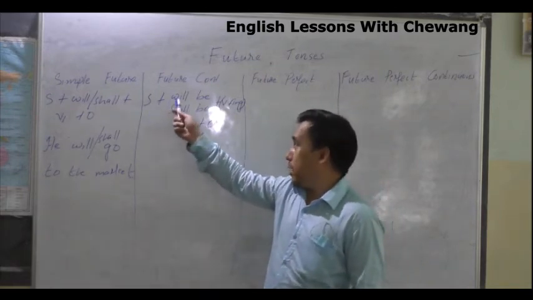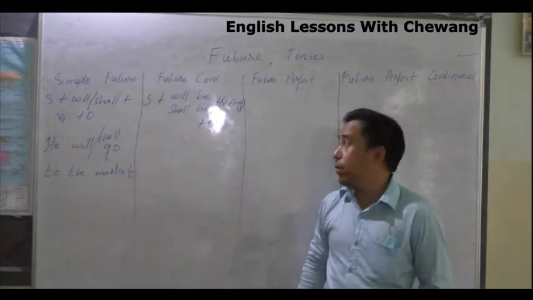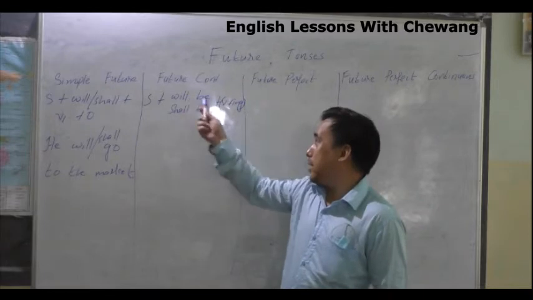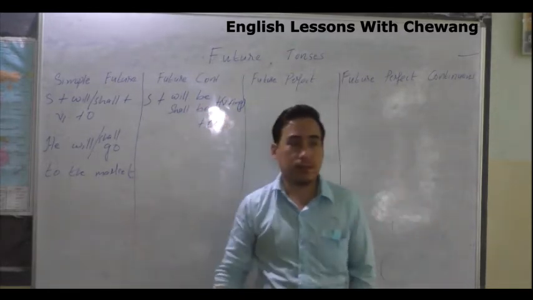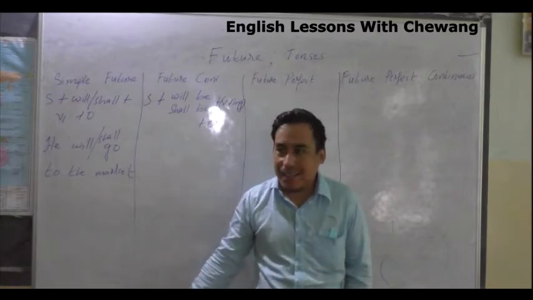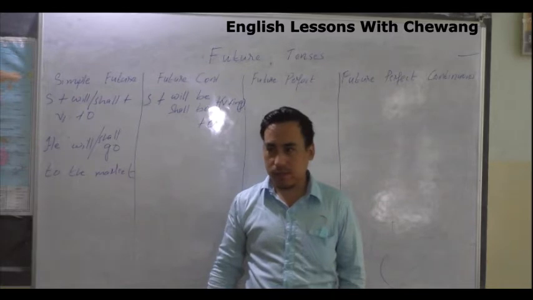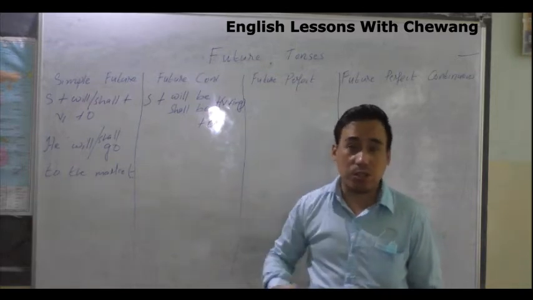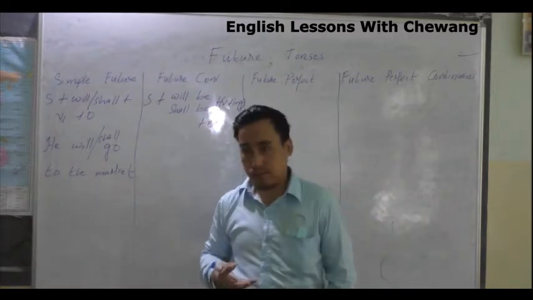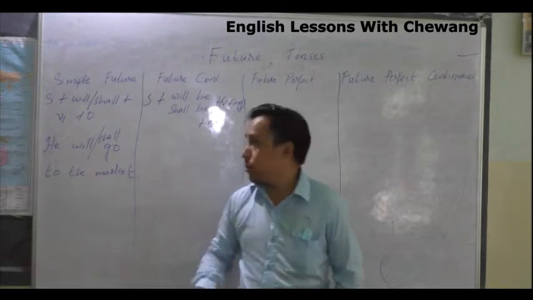So subject plus will be, shall be, plus verb in ing. This is the form. If you see will be plus verb in ing or shall be plus verb in ing, then automatically it is future continuous tense. Make sense? Got it? So if you see anything like this in a sentence, and if the question tells you to figure out the sentence, then you write like this.